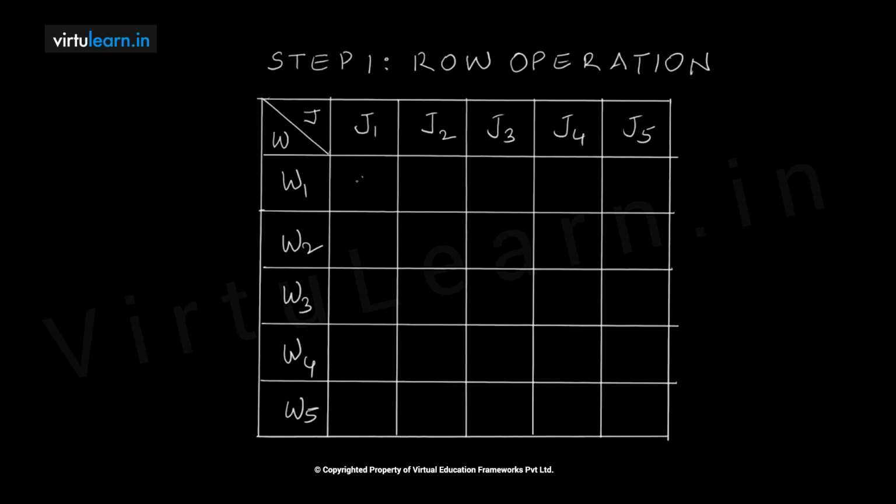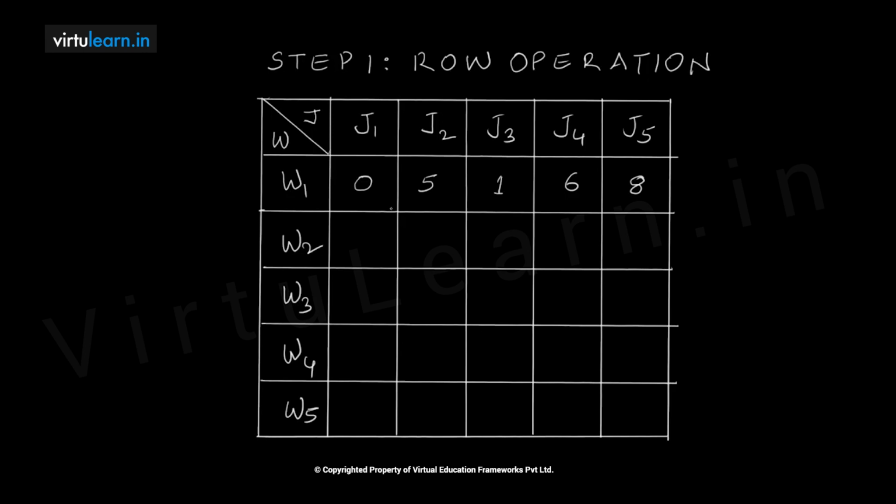So we will get 0, 10 minus 10; then 15 minus 10, 5; then 11 minus 10, 1; 16 minus 10, 6; 18 minus 10, 8.